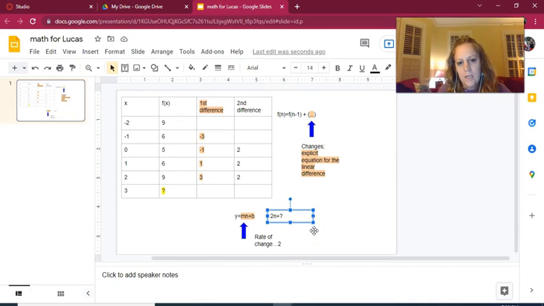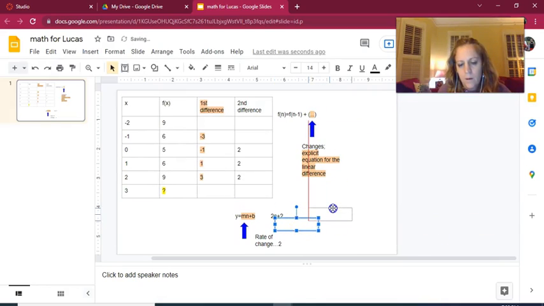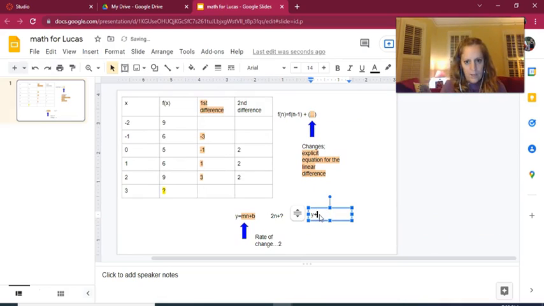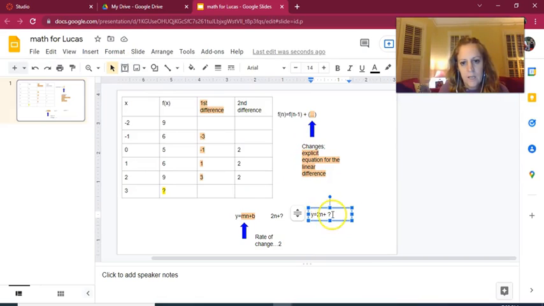Well, what he was suggesting is that we plug in some numbers and see if it works. So we have y equals mn plus b, or really y equals 2n plus something we don't know.